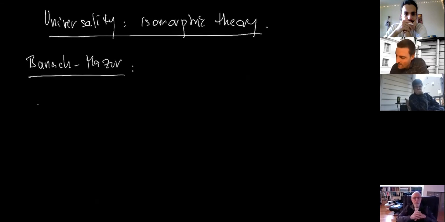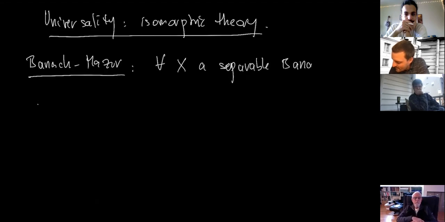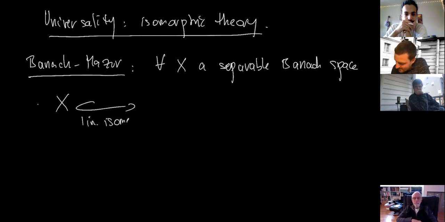If you take a separable Banach space, you can always embed it linearly and isometrically into C of 0, 1, the Banach space of continuous functions on the interval 0, 1.